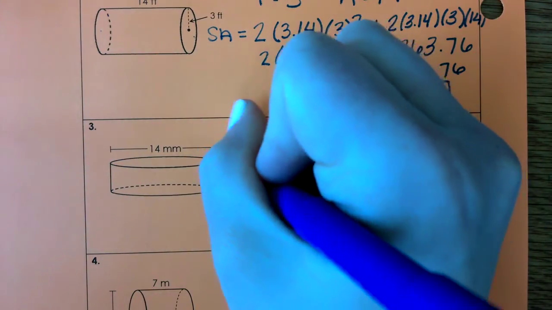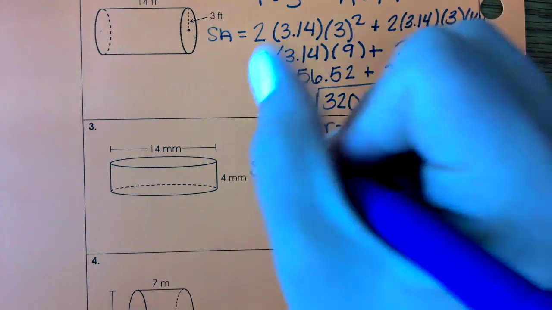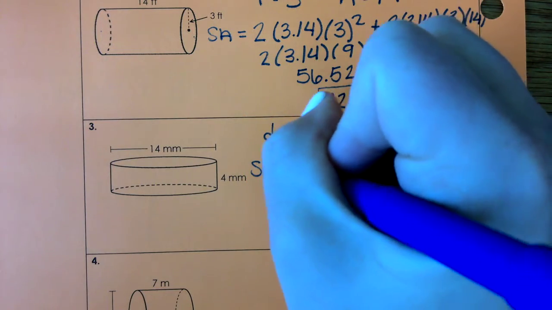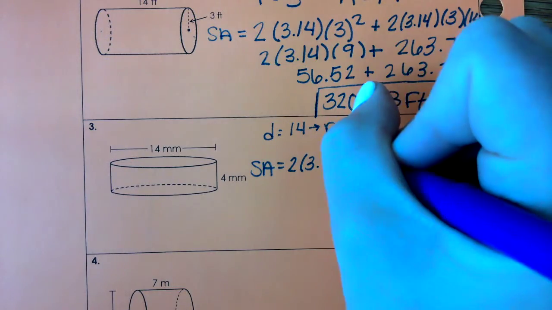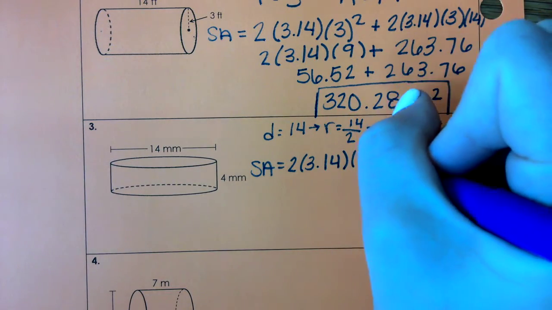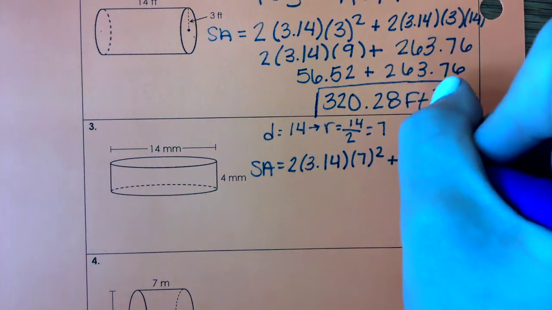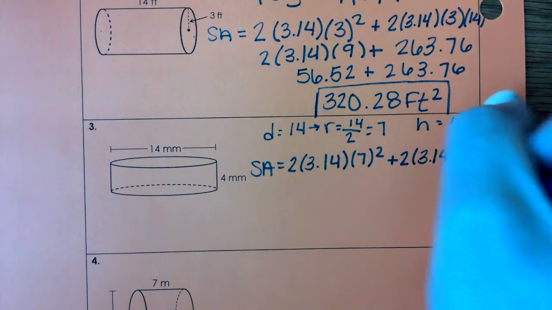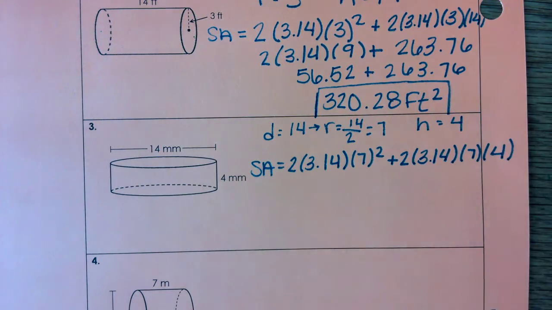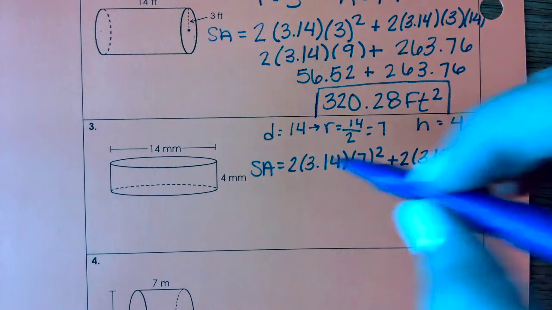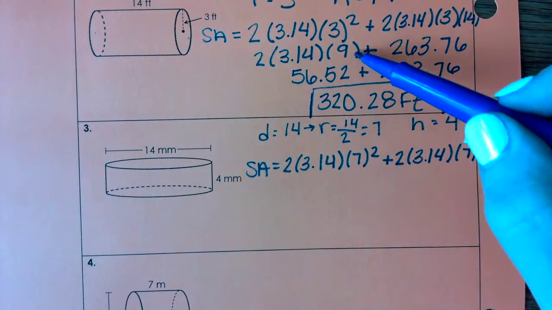Then I plug into my equation: 2 times pi times 7 squared plus 2 times pi times my radius times my height. All I need to see is this formula plugged in, not the middle step.